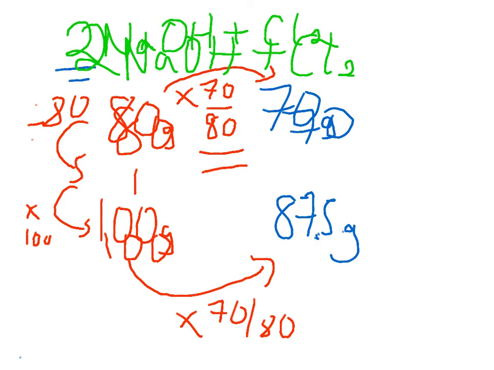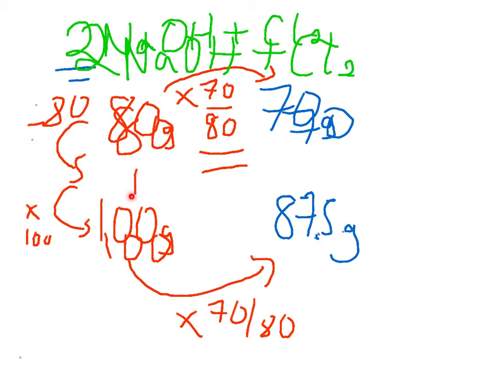Okay, so the second method involves writing out the 2 relative formula masses again, so I've done that with 80, just here. So this is 80 for NaOH, 2 lots of it, and 70 for chlorine, 35.5 times 2. But then we want to get to 100 grams from 80.